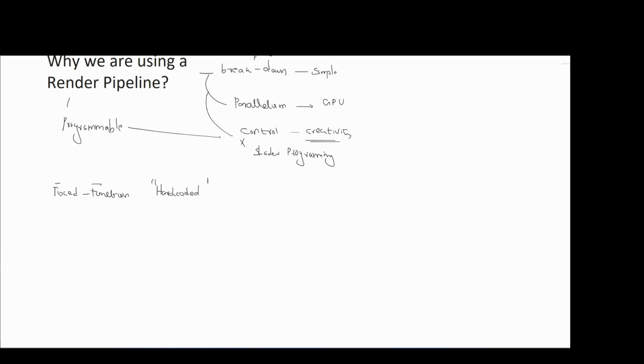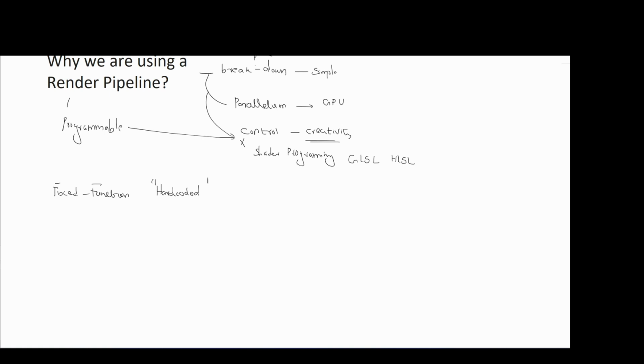These are programmable so that we can have more control, more creativity, and more features. Shader programming is the way to program the pipeline. We have many languages for that, GLSL and HLSL. These are the shader programming languages.